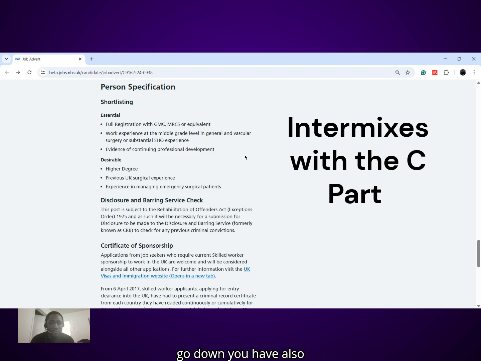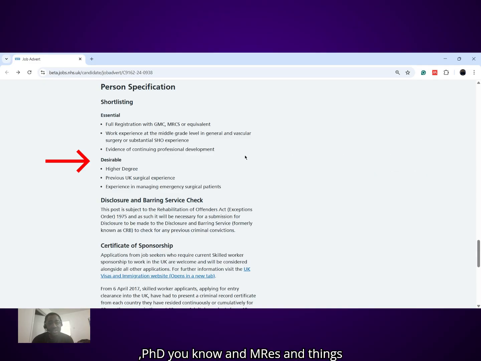Then when you go down, you have also evidence of CPDs. You have evidence of higher degrees, that's an MSc, a PhD, an MRes and things like that. And then, of course, like I said, could be interchangeable UK surgical experience, experience of working in that particular specialty. So these are the key parts that may be relevant in giving you that aspect of it.